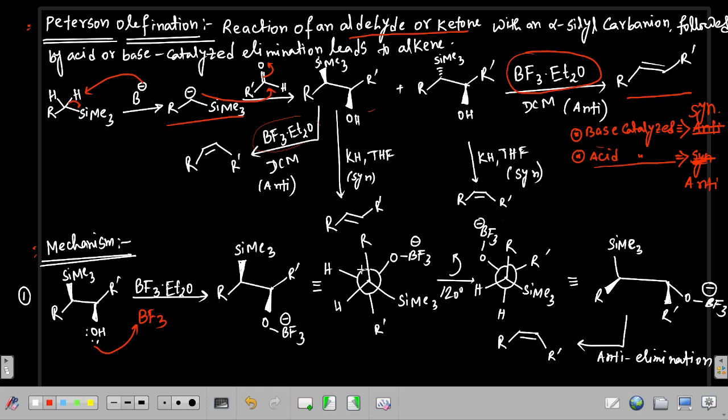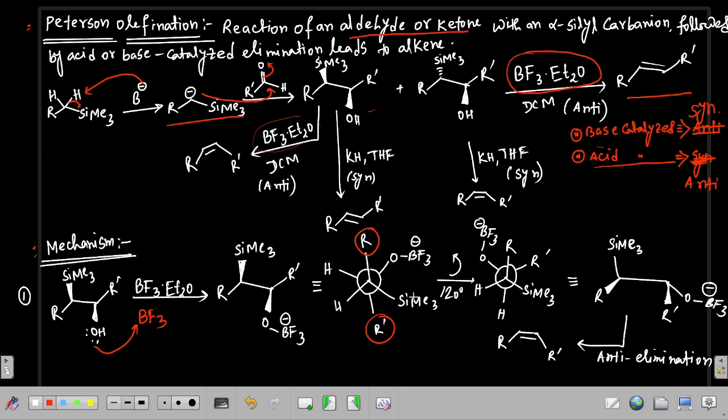So we need to make changes in the conformation. First we need to convert this conformation into the Newman projection. Here you see R and R dash are trans to each other, and SiMe3 and OBF3 are syn to each other.